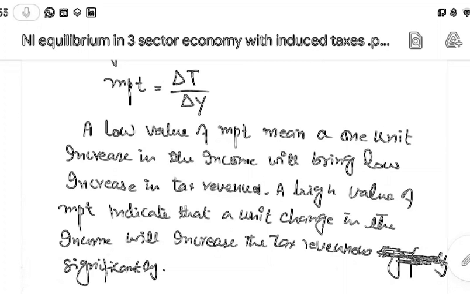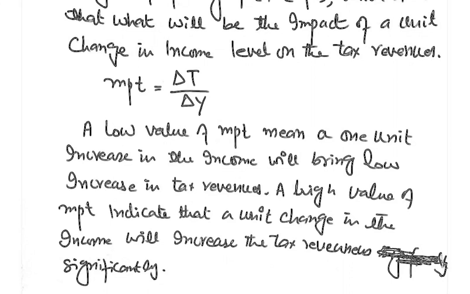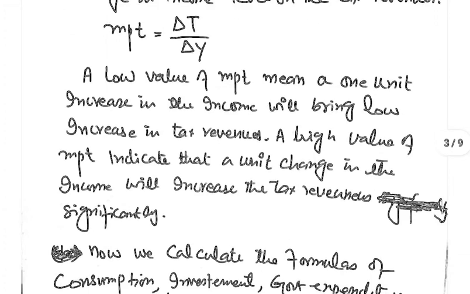So we will calculate these multipliers through the income and expenditure approach, from the national income equilibrium formula, and in the next step we will derive the national income equilibrium formula for the leakages and injections method, and then we will calculate the multiplier with that formula as well.